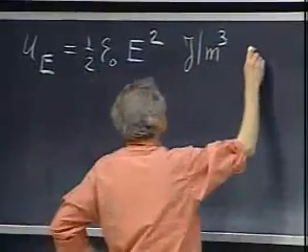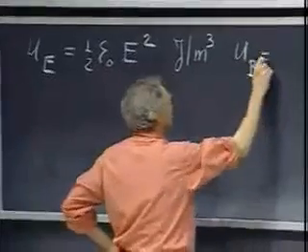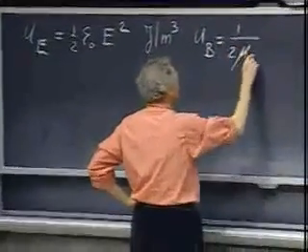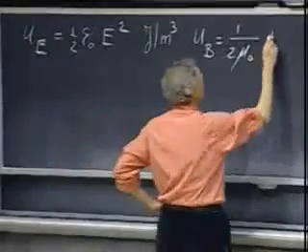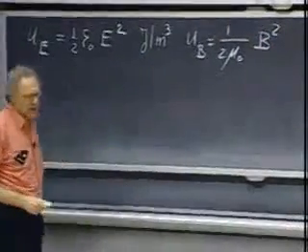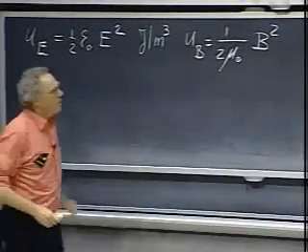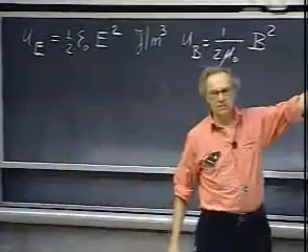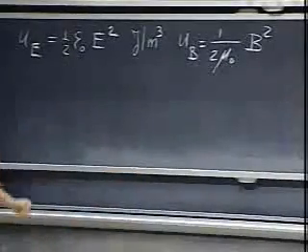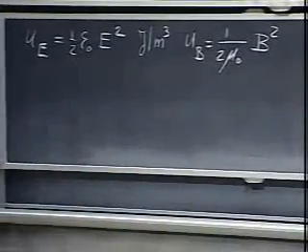And the magnetic energy density, which also has come up earlier in the course, is 1/2 mu 0 times B squared. Again, joules per cubic meter. Now, when we deal with traveling waves in vacuum, at any moment in time, the magnitude of B is E divided by c.